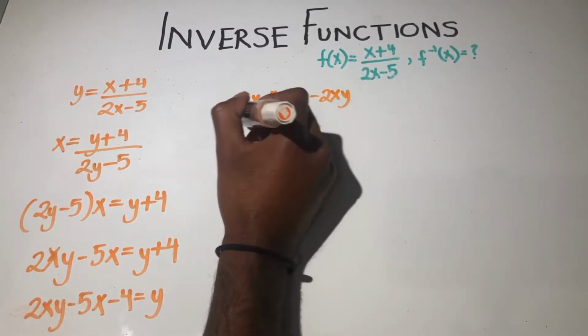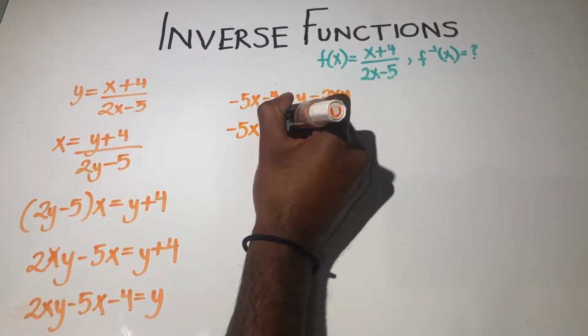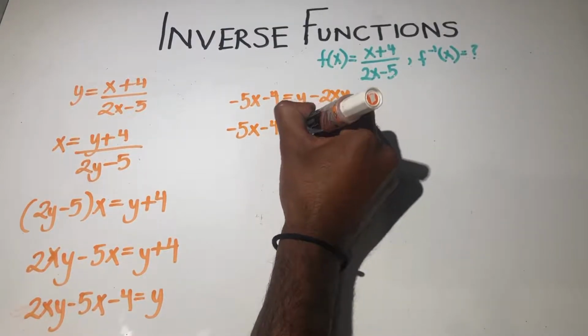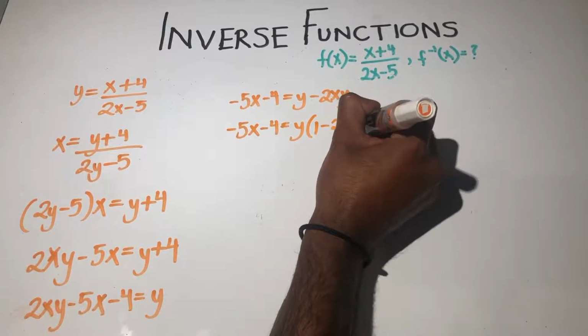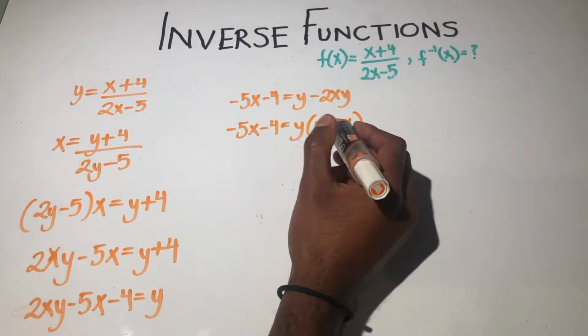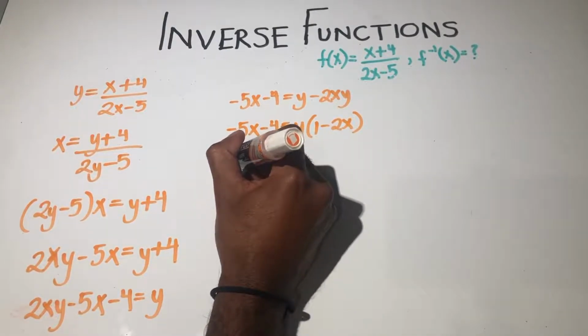Then we can factor out the y here. Negative 5x minus 4 is equal to y times 1 minus 2x. And then if we divide each side by 1 minus 2x, we're going to end up with y.